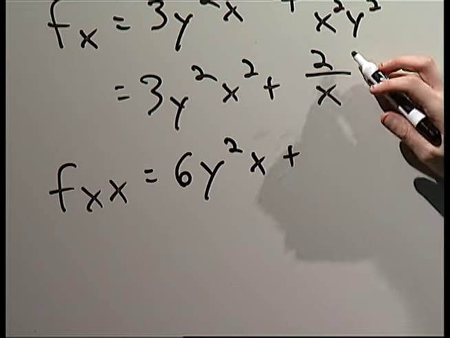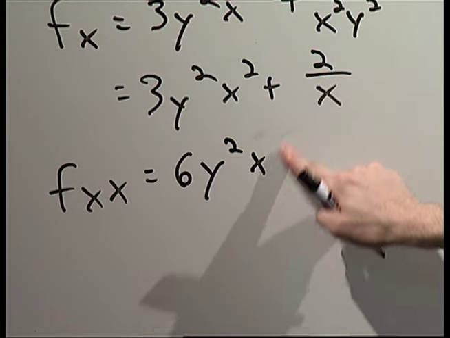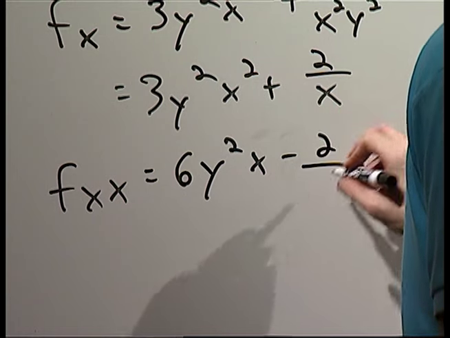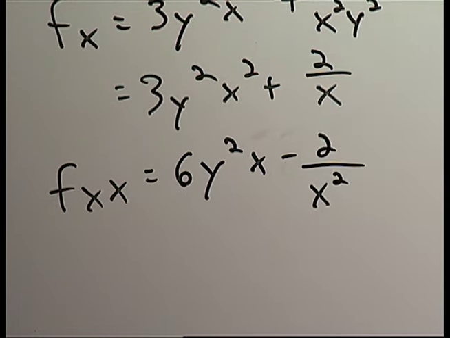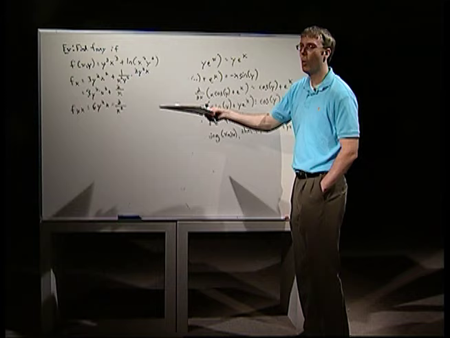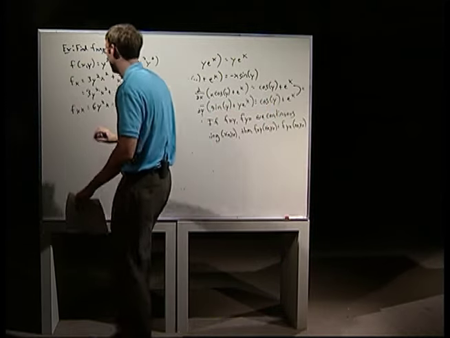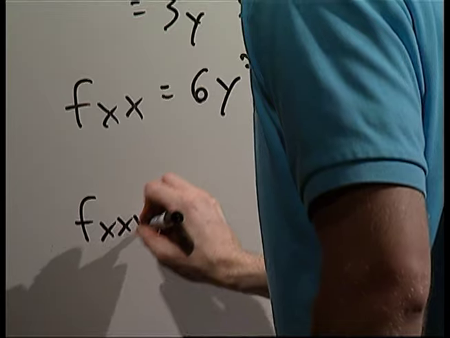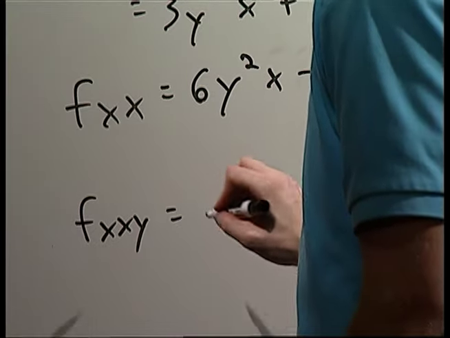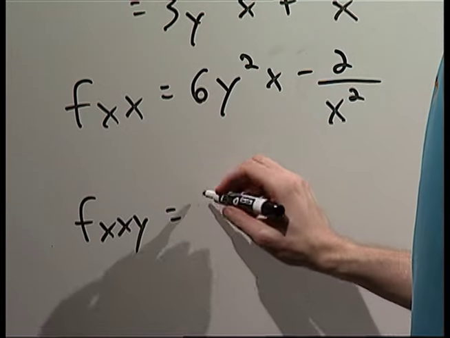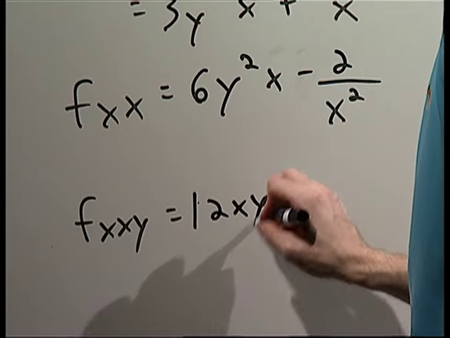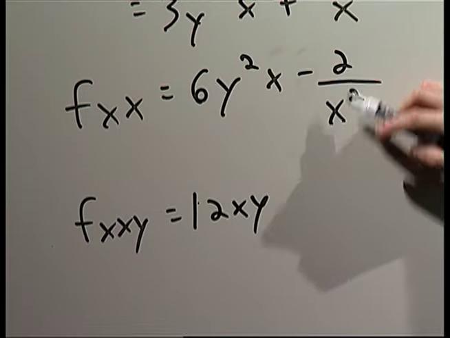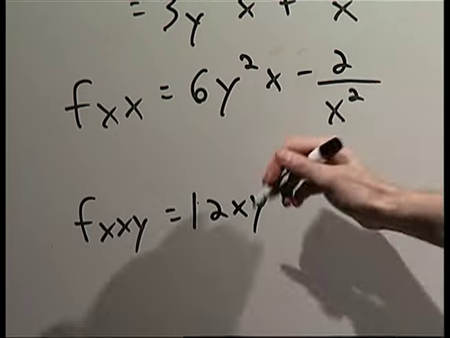This is 2x to the negative 1, so this is really minus 2 over x squared. And now we have to do y to this thing. So now we're at our third stage, f xxy. We do y to this. Now we have 12xy. This guy has got no y's in it. It's a 0. It goes away.